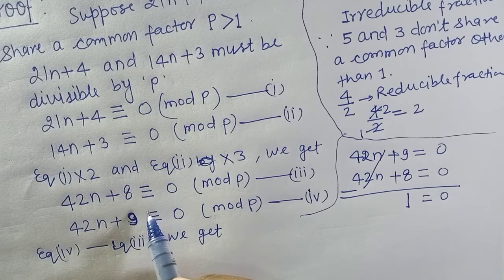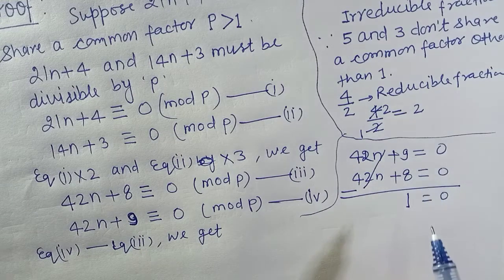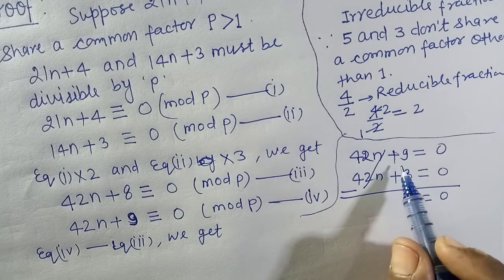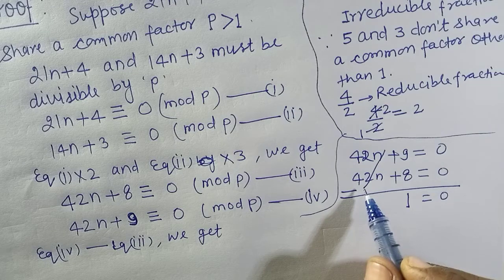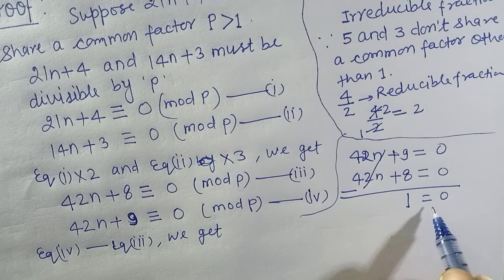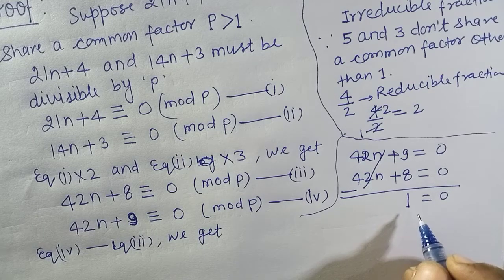Remember, in modular equations we can treat the equivalence sign, the three parallel lines, like an equal sign. So if we subtract 42n + 8 equal to 0 from 42n + 9 equal to 0, we get 1 is equal to 0, and we replace it with the equivalence sign.